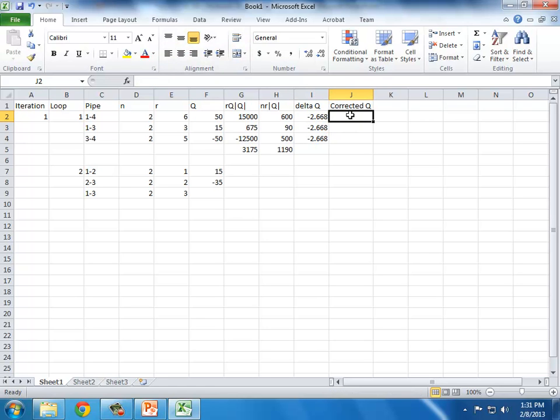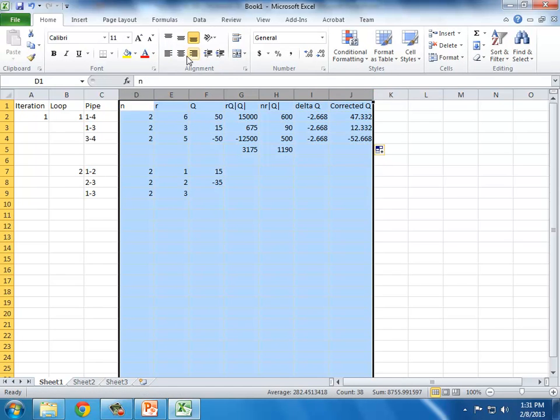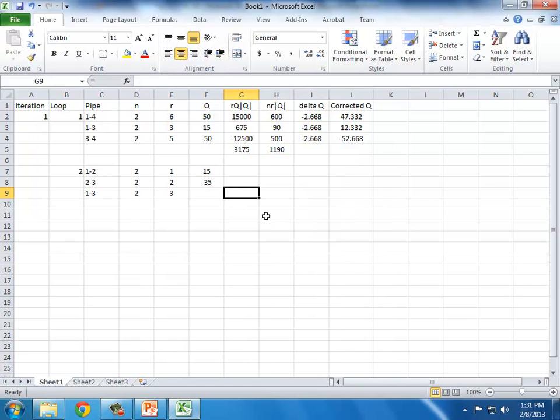And the corrected Q is just the original guess plus the difference. Okay. Now, this pipe 1, 3, the guess flow rate isn't my initial that I had, but I'm going to say equals the negative of the flow rate here.